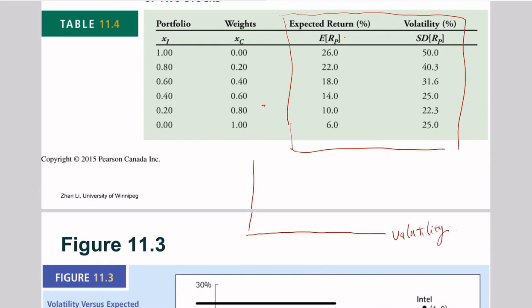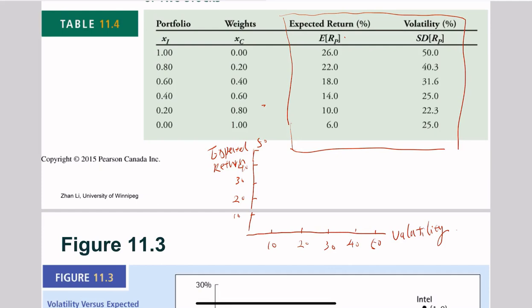Let's say the vertical axis is expected return. So let's say it's 10, 20, 30, 40, 50. And similarly, 10, 20, 30, 40, 50. So let's just put these two columns onto this two-dimensional graph.